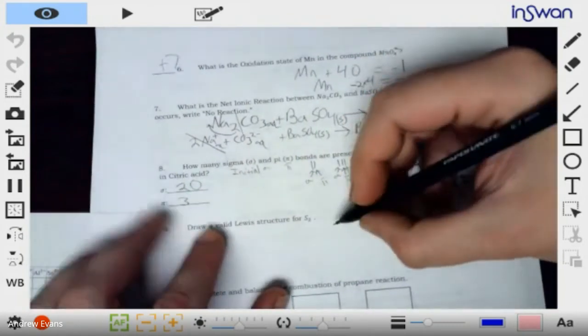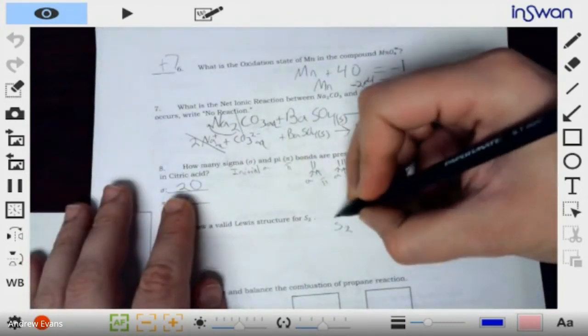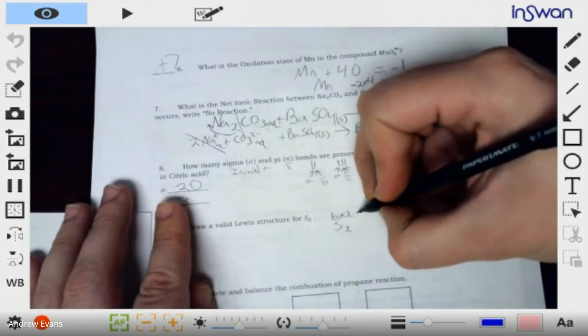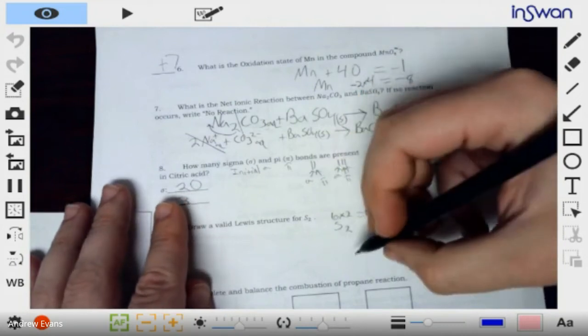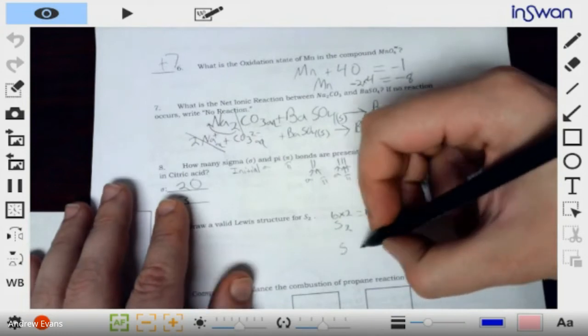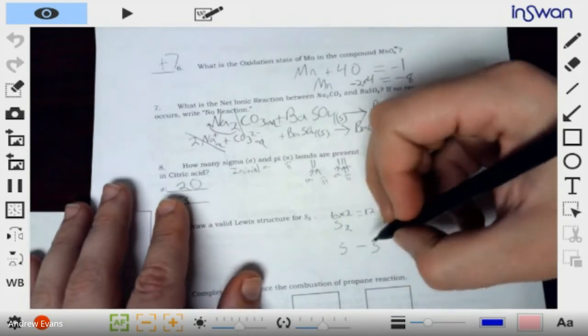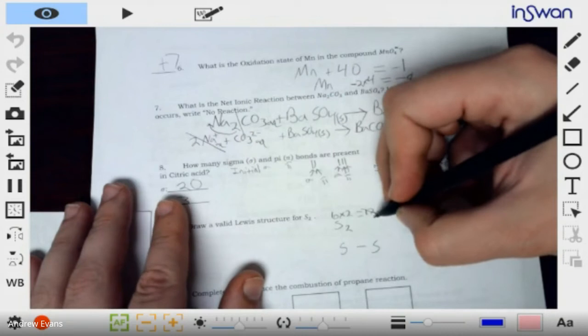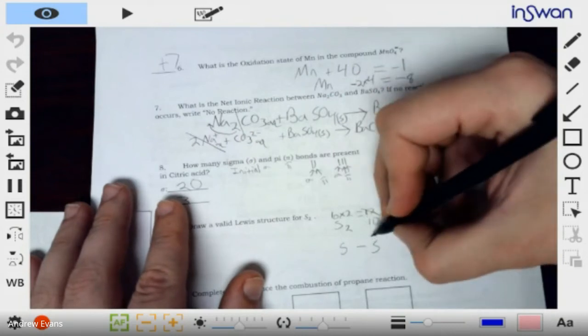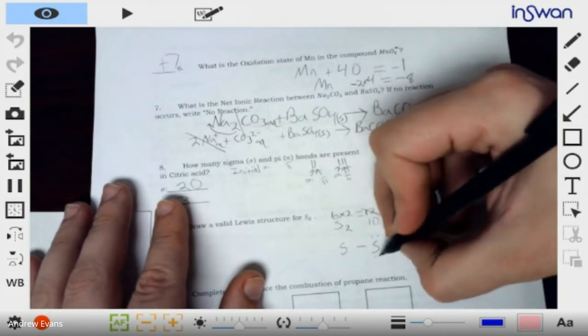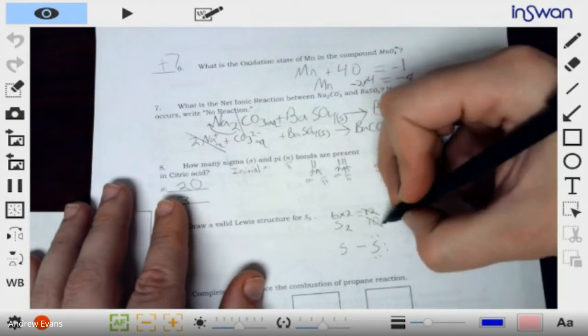Valid Lewis structure for S2. Another simple one. S2. So we have 6 times 2, we have 12. We'll call 1 sulfur the center atom and 1 sulfur the outer atom. We're down 10. Put 6 electrons on the outer atom.